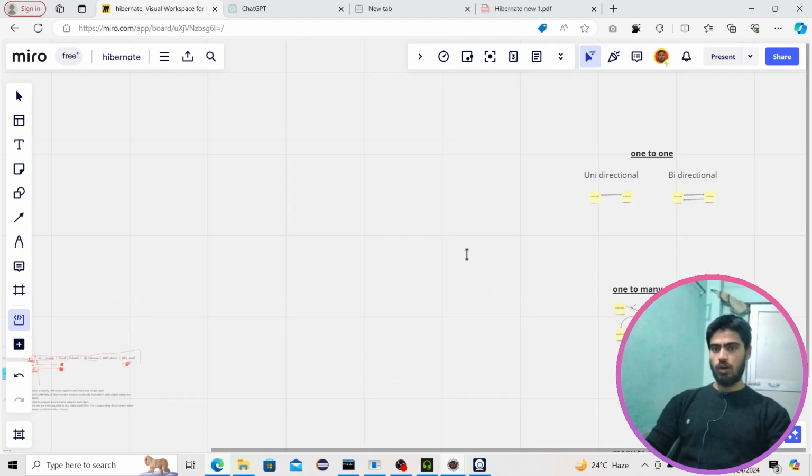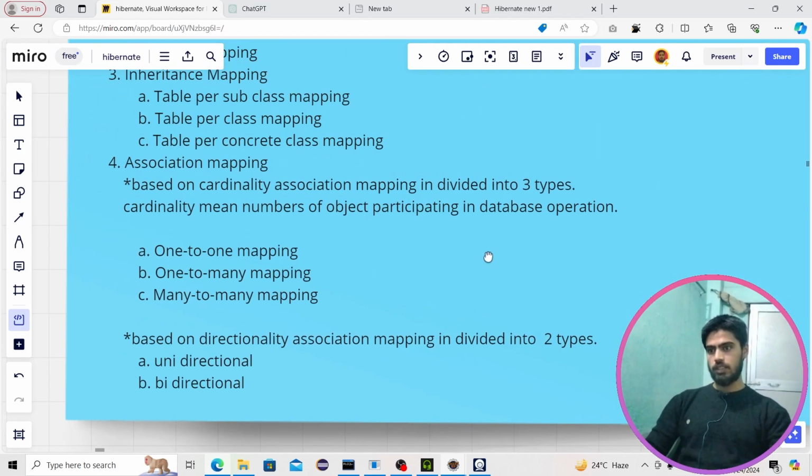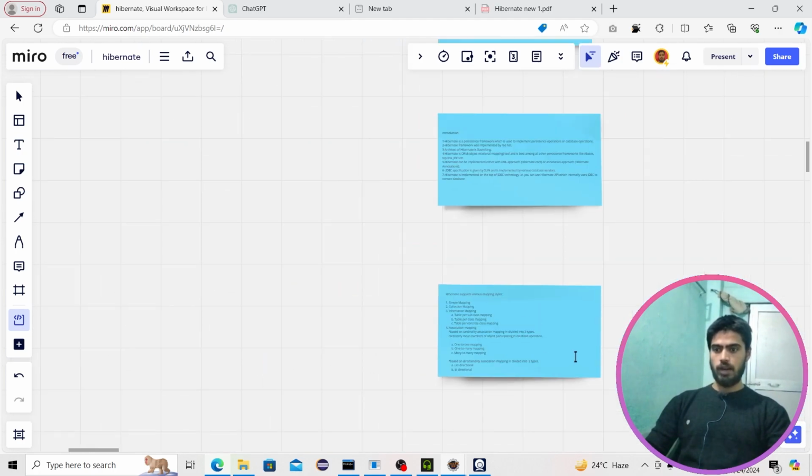So as we have talked about, on the basis of cardinality, association mapping is divided into three types: one to one, one to many, and many to many. But on the basis of directionality, it is also divided into two types: unidirectional and bidirectional.